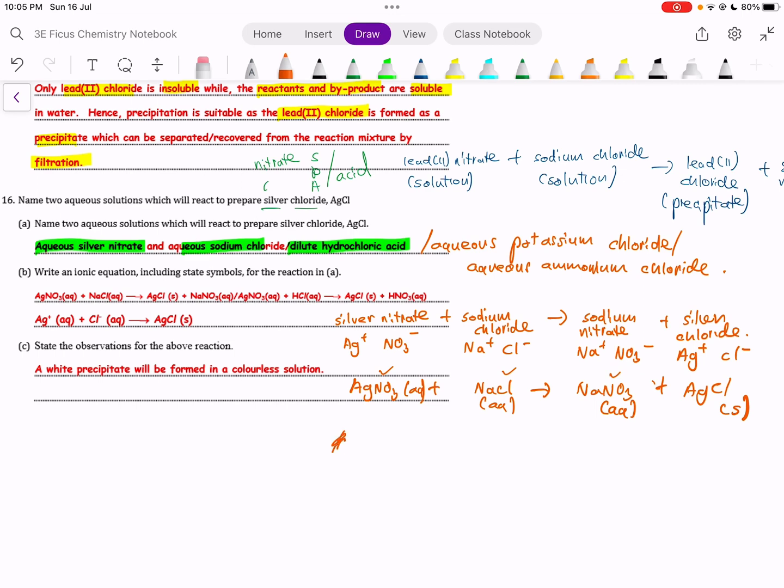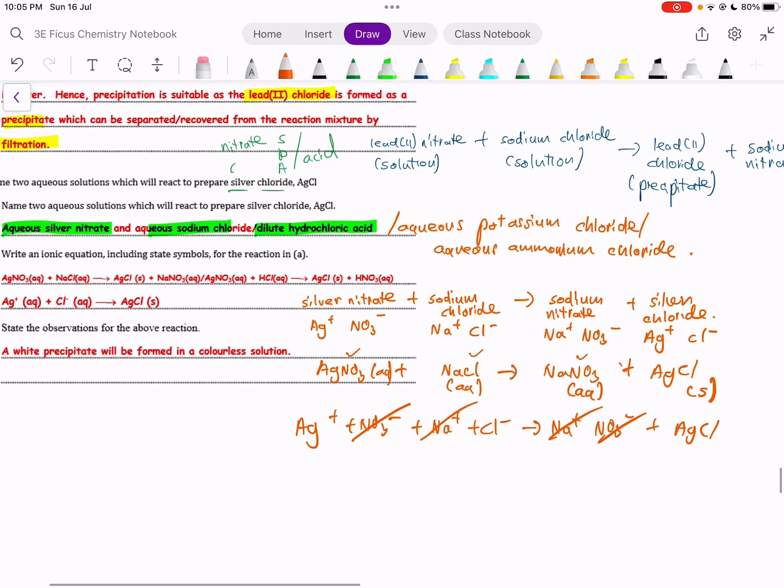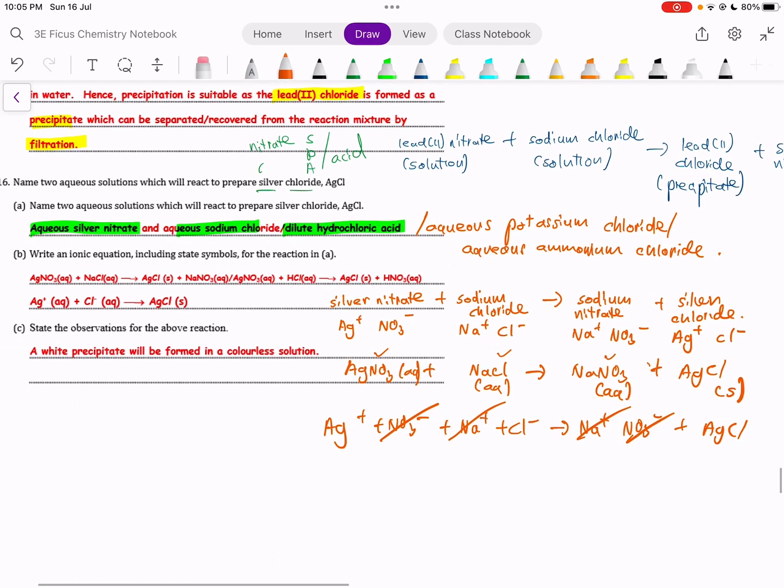So basically you go back to the previous step, and plus AgCl. And then of course the silver chloride is for observation. It's a white precipitate.